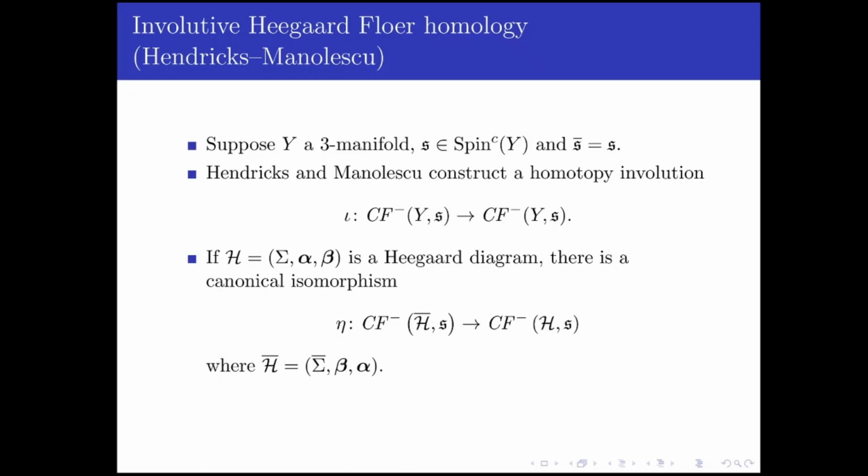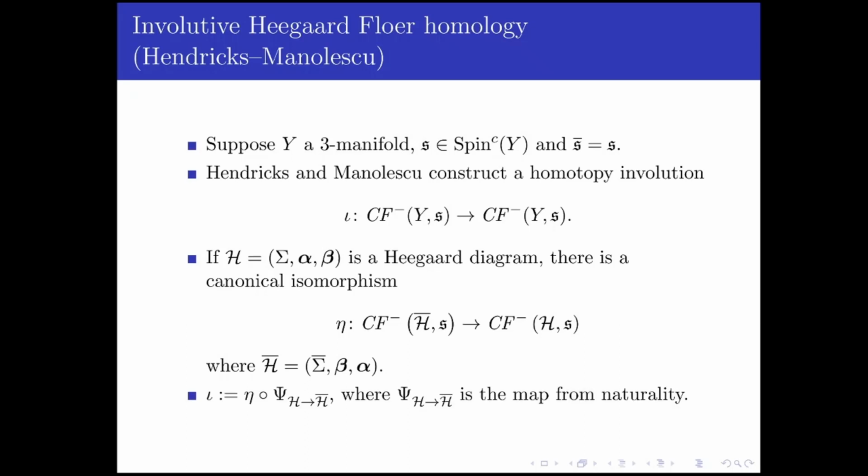H and H bar are both Heegaard diagrams for the same three-manifold, and there's this canonical isomorphism between the Floer homologies computed with respect to these diagrams. So in fact, there's just a bijection between the generators of the complex, and eta just extends this bijection linearly, and this turns out to be a chain isomorphism.